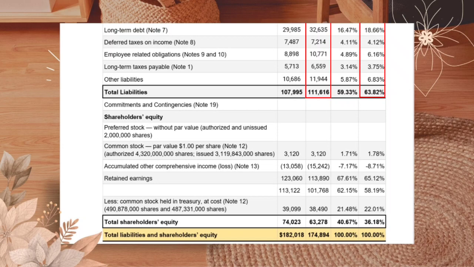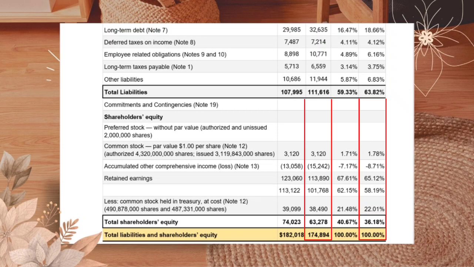Other liabilities 11,944 divided by 174,894 times 100% is 6.83%. Total liabilities 111,616 divided by the total assets 174,894 times 100% is 63.82%.